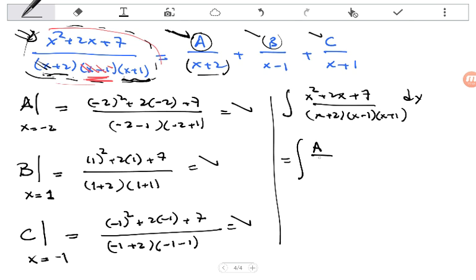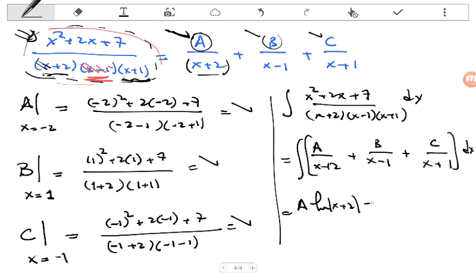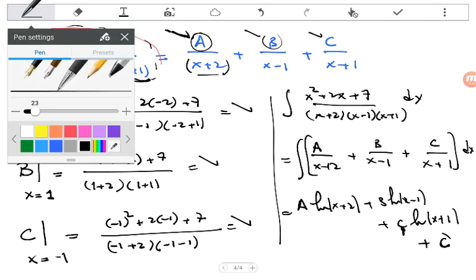Okay, the result will be a over x plus 2 plus b over x minus 1 plus c over x plus 1 dx. What will be the result of the integration? It will be all lens. Okay, a ln x plus 2, b ln x minus 1, plus c ln x plus 1, all plus c. I will just say c dash to make a difference between it and the other c.